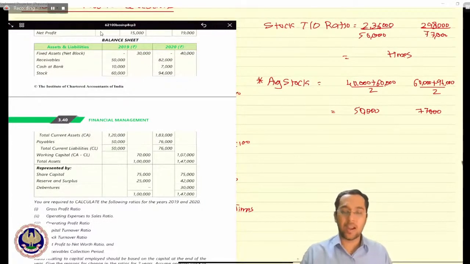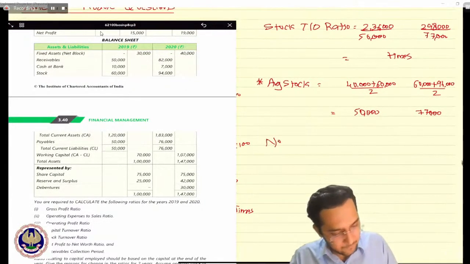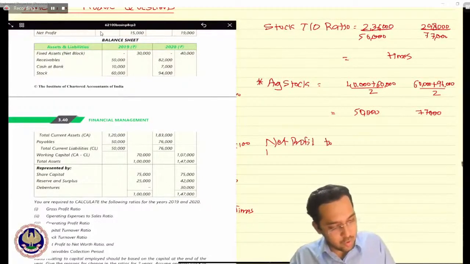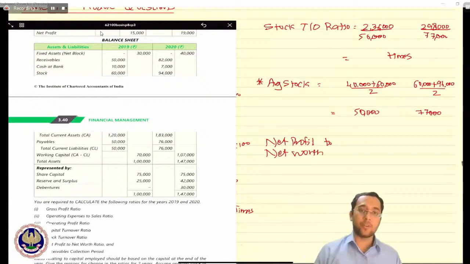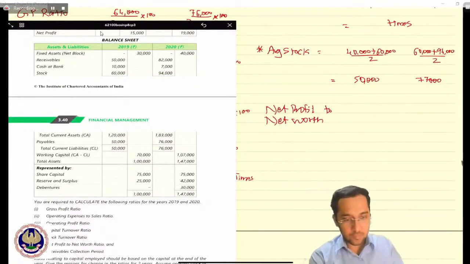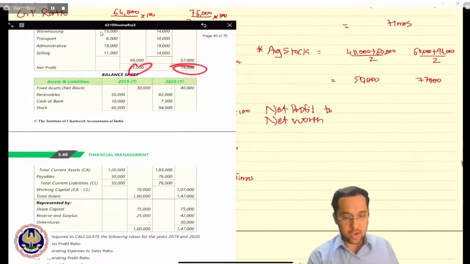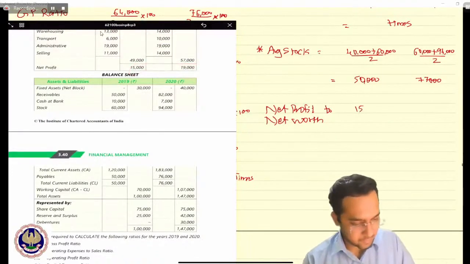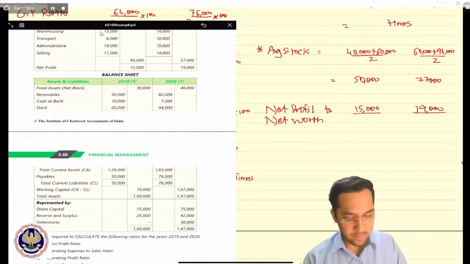Then we have net profit to net worth. Now net profit is simply indicated over here, 15,000 and 19,000. You can write this as 15,000, 19,000 divided by net worth.